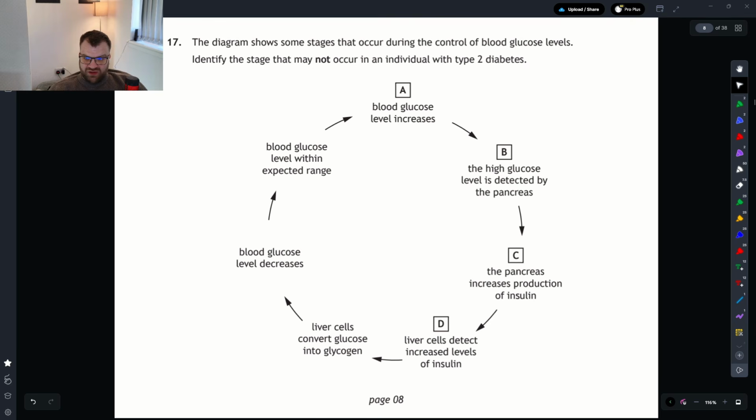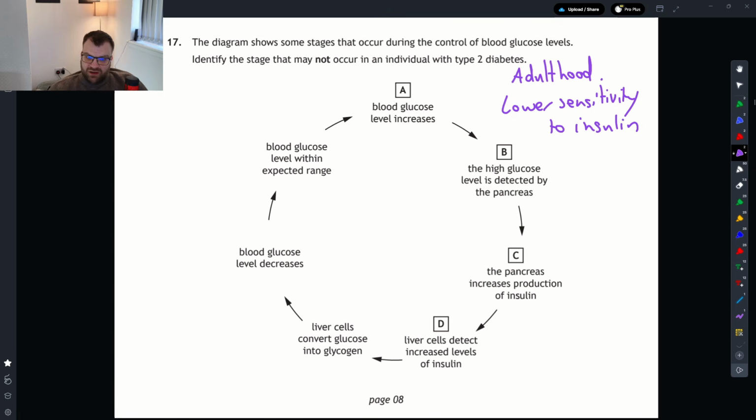Next, not type 2, or may not occur with type 2 diabetes. This is the one that is typically diagnosed in adulthood, and they are less sensitive to insulin. Okay, so blood glucose would increase, high sugar detected by the pancreas.